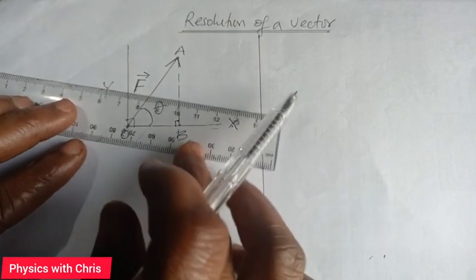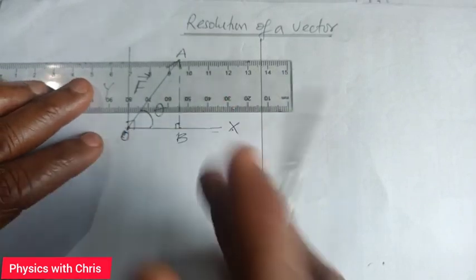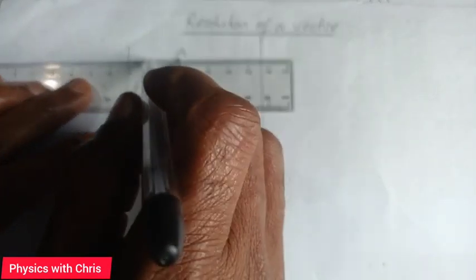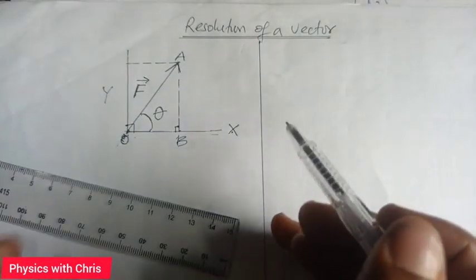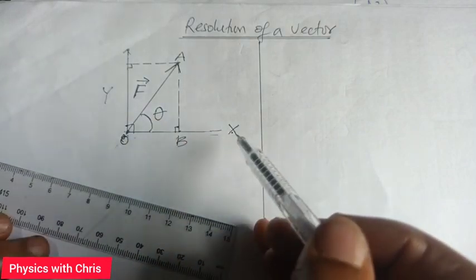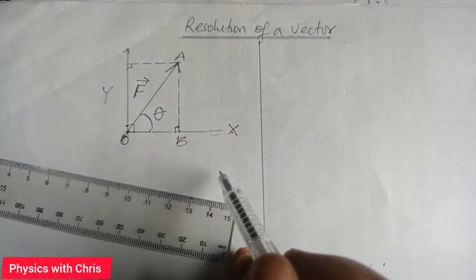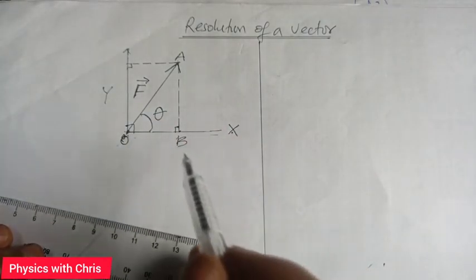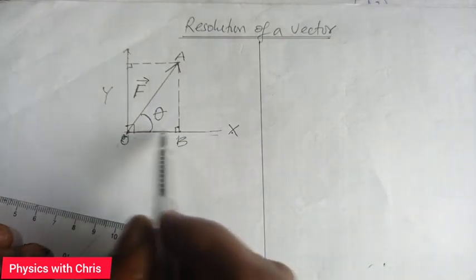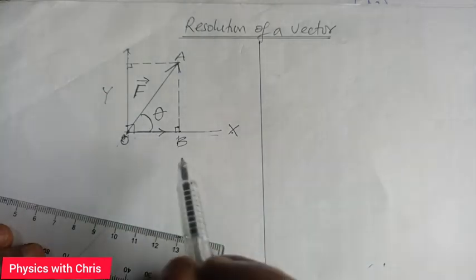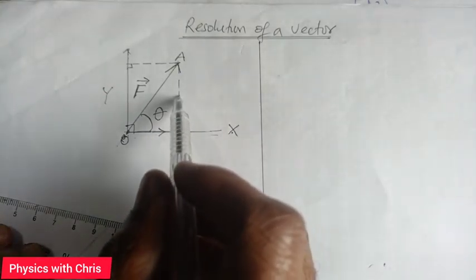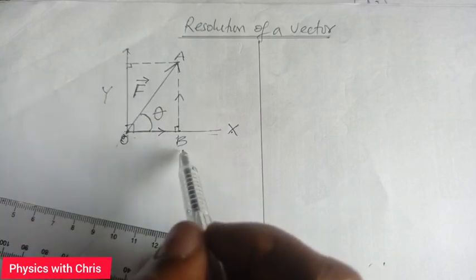Then if possible, I'll draw another line from the tip of the vector to the y-axis at right angles to it. So what I need to find is the component of this vector, one, acting along this x direction, and the second component, that's the vertical component, acting along the y direction.